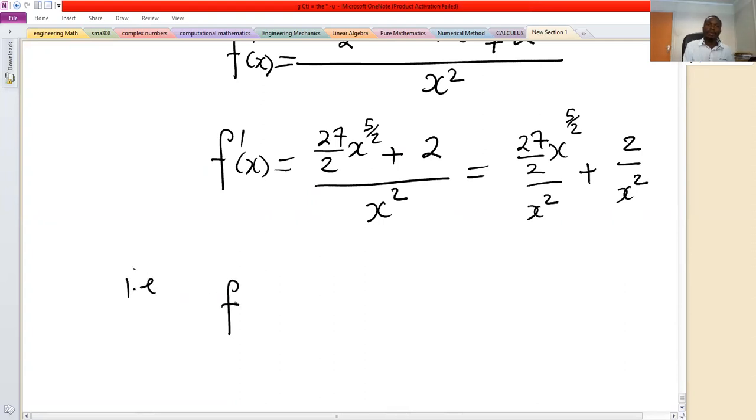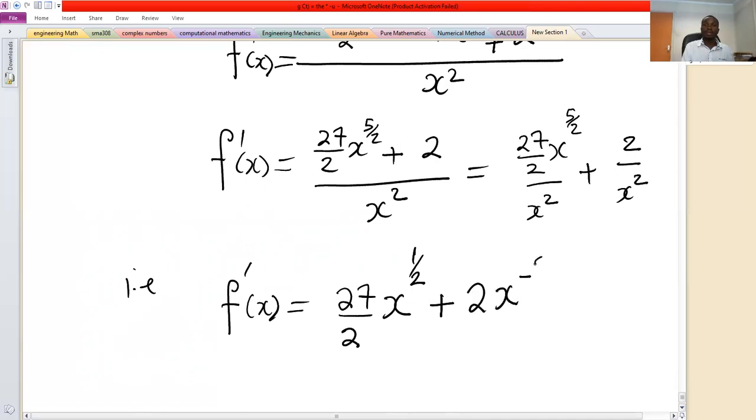That is, the derivative will be 27/2 x to the power 1/2, since 5/2 minus 2 is 1/2, plus 2x to the power minus 2.